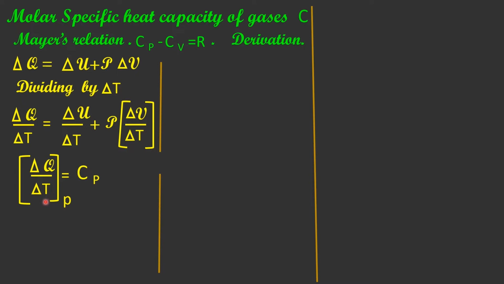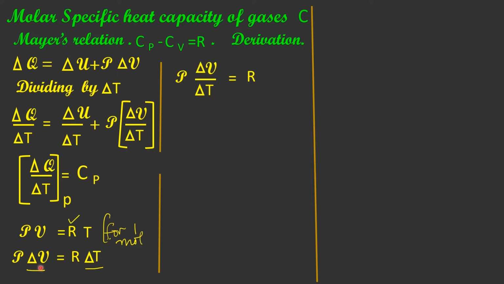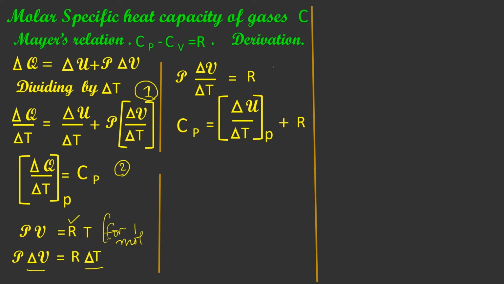We know the ideal gas equation for 1 mole of gas is PV is equal to RT. So P delta V is equal to R delta T. P delta V by delta T is equal to R, the universal gas constant. For convenience, let us number this equation. Equation 1. Let us mark this equation as 2 and this equation as 3.